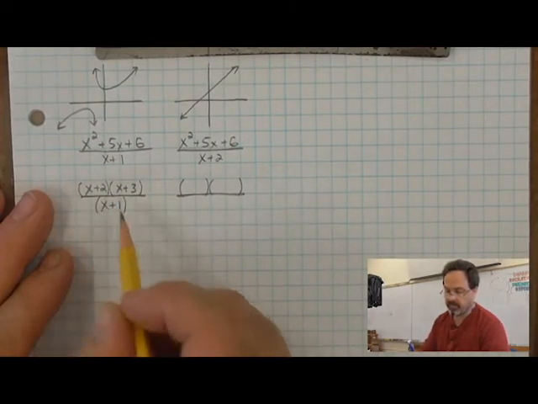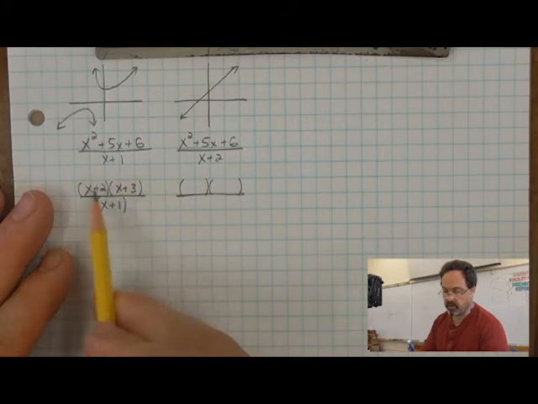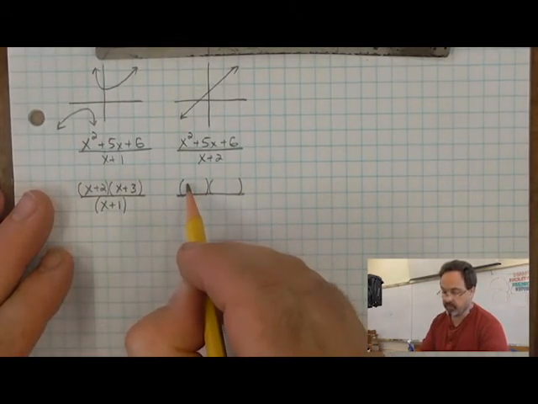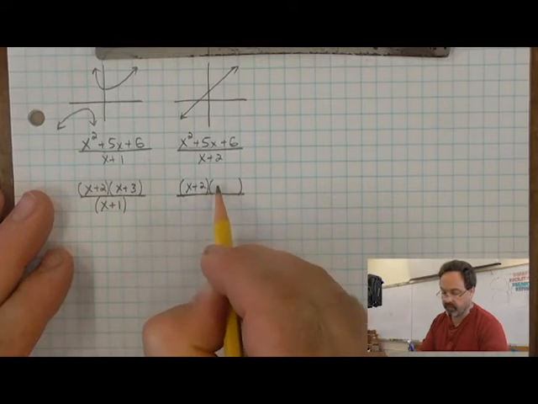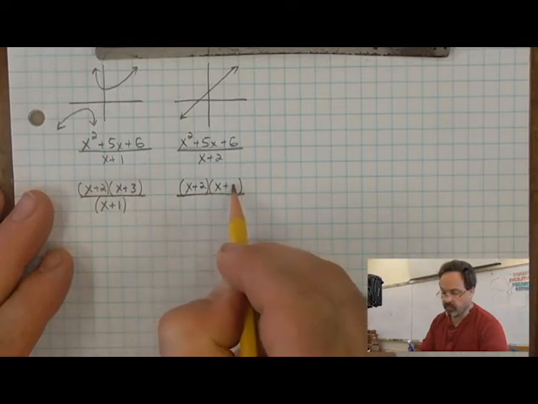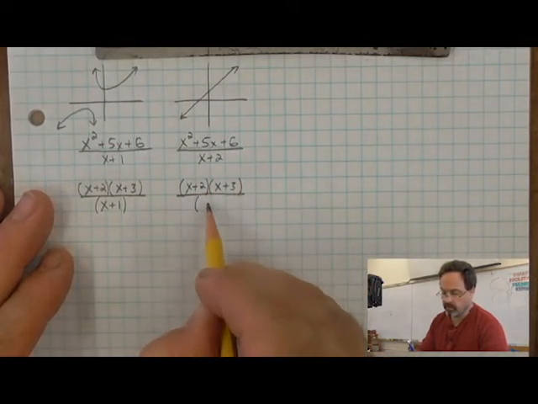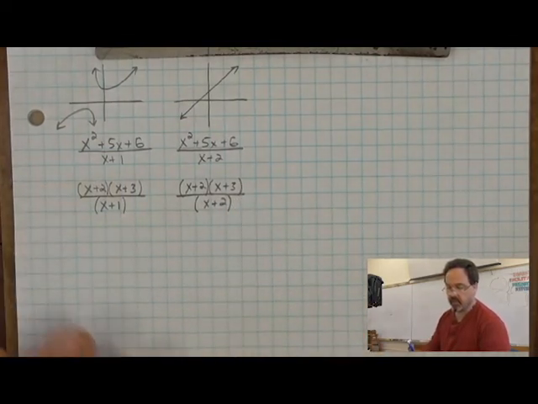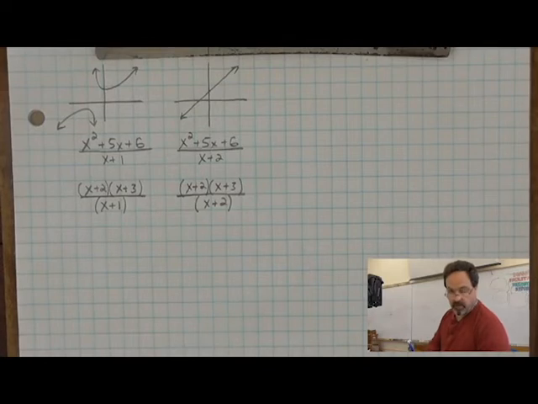I'm going to put parentheses around my denominator to make it look like a grouped factor above. And in the other function, I have the same factored form in the numerator, but the denominator I'm going to group as an x plus 2. When we've factored, you might be able to see where the difference in the graphs is going to come from.